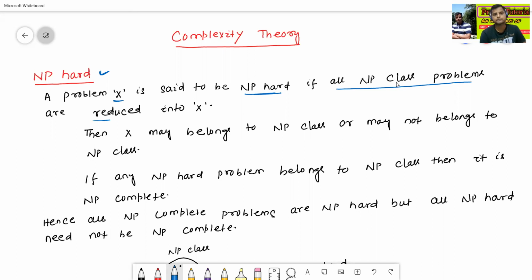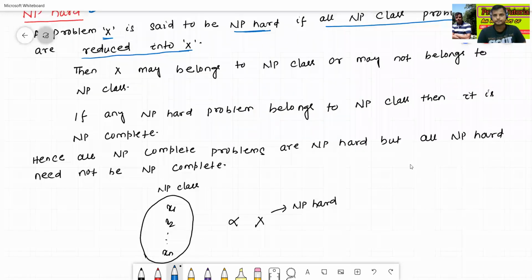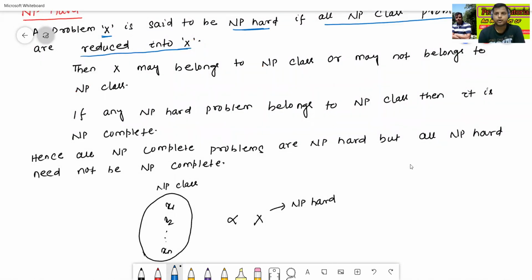If all NP class problems are reduced into X, then X is called an NP hard problem.